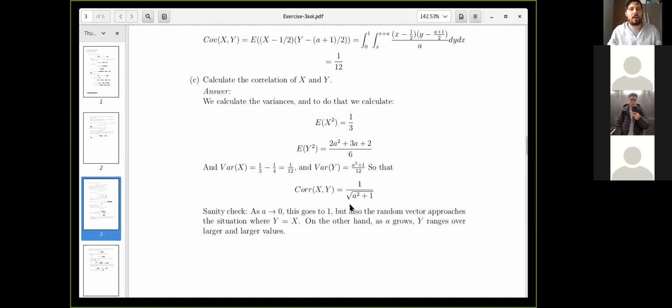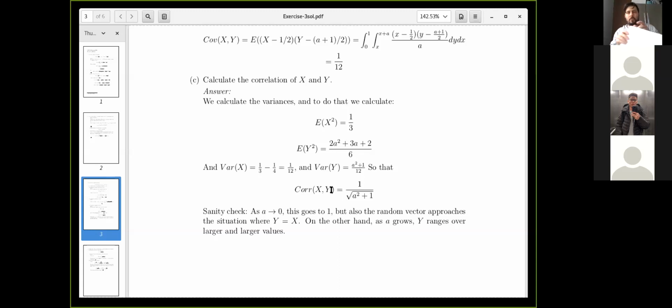Remember that the correlation is the covariance of x and y divided by the square root of the product of the variances.